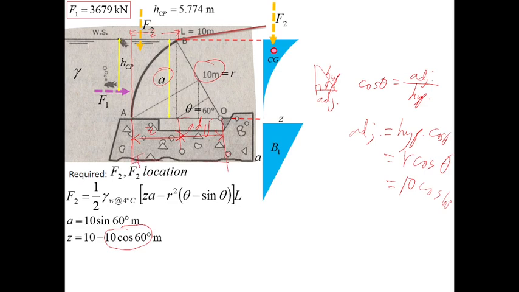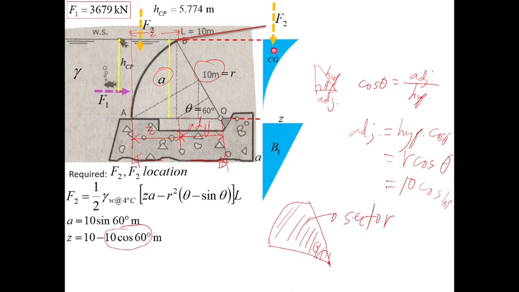Anong kabuuan na haba nito? Part of a circle to. Anong tawag dito? Part ng isang circle yan. Ang tawag dyan ay sector.